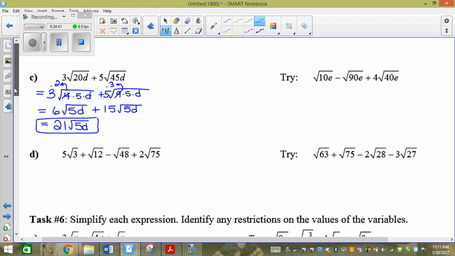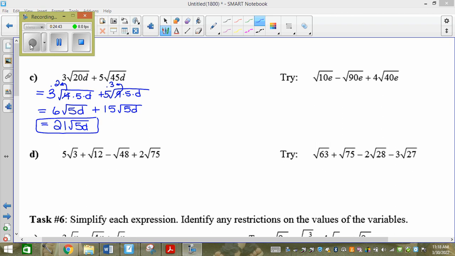You do the try. Root 10e, does it break down at all? No. So we write root 10e. What about 90? 9 and 10 and e, the 9 comes out and it's a 3. So we're going to get root 10e minus 3 root 10e.